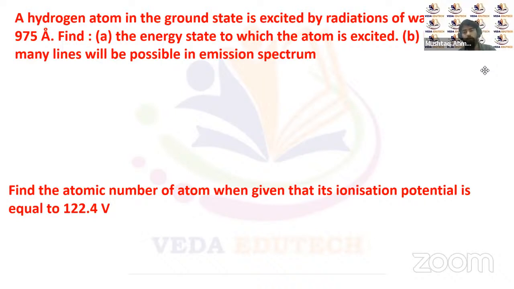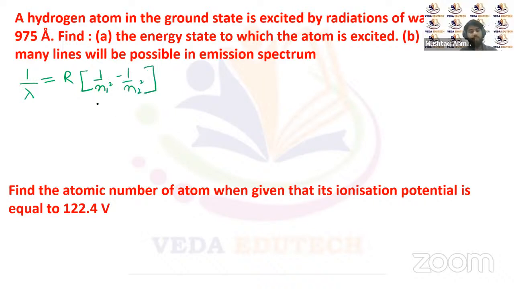Now, if this electron makes a transition, it will emit energy with the same wavelength, that is 975 angstrom, and that will be equal to R times 1 upon n1 square minus 1 upon n2 square, correct?